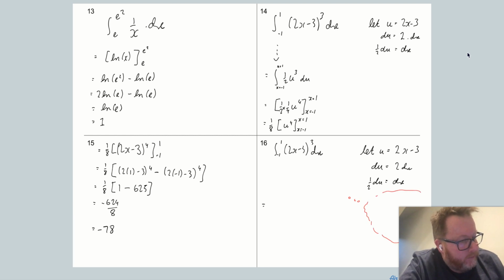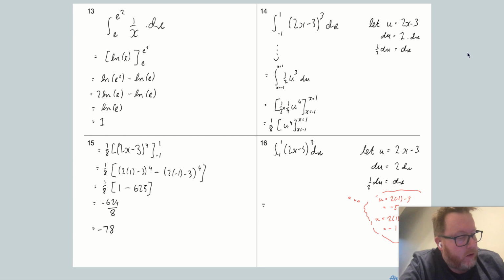The lower bound is negative 1. So if x equals negative 1, u is equal to negative 5. And if the upper boundary is 1, then when x equals 1, u is equal to negative 1.